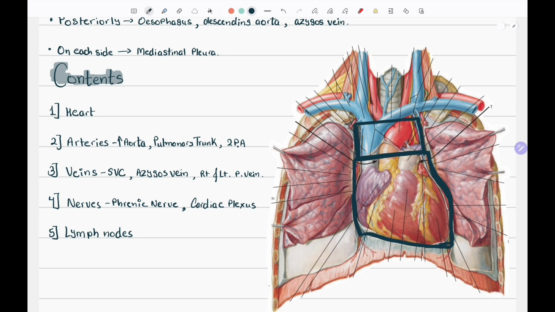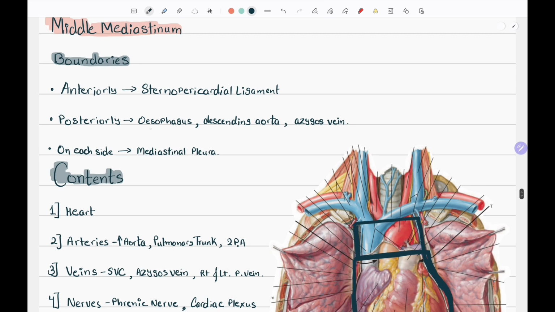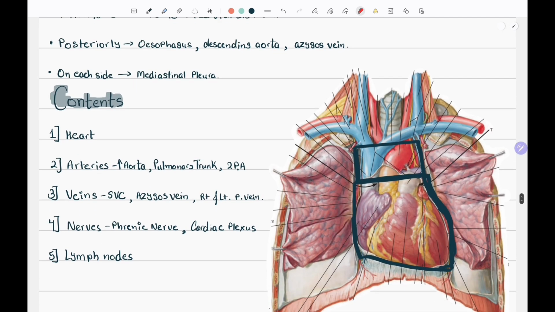But now in this image you are able to view the heart, so this whole picture shows the middle mediastinum. So posteriorly we have the esophagus, descending aorta, and azygos vein. So this is our trachea, but the trachea bifurcates at this level, but the esophagus, which is behind the trachea, goes till the stomach.